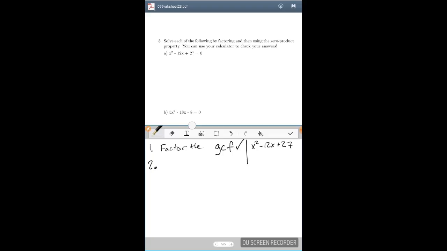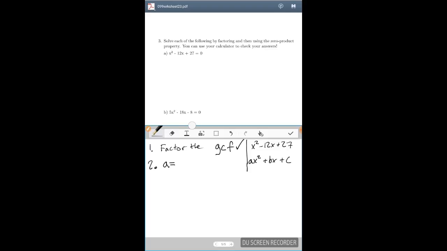Check. Step 2 was to compute a times c. Now remember, a general one of these quadratics looks like ax squared, and you could always write this down to help yourself, plus bx plus c. So anytime you have to deal with a quadratic, you can write this down so you know what a, b, and c are.